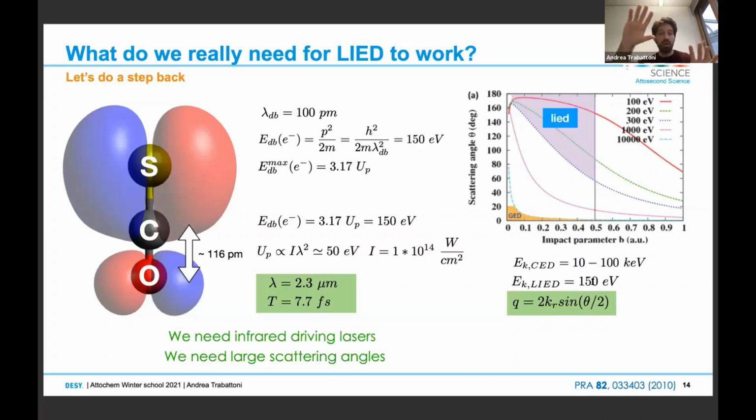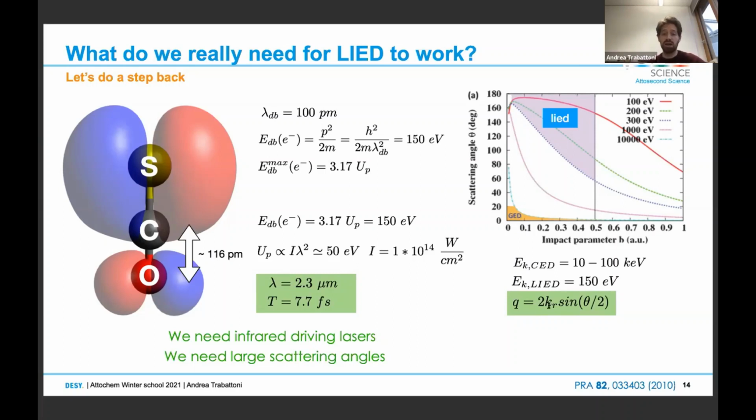But for both methods, we have to accomplish a certain momentum transfer, so an energy exchange between the bullet, in this case our electron wave packet, and the target, in order to get the electrons to imprint the diffraction pattern of our molecule. This is the definition of the momentum transfer Q, which depends on the momentum at rescattering and the rescattering angle. And this is why they live in different universes.